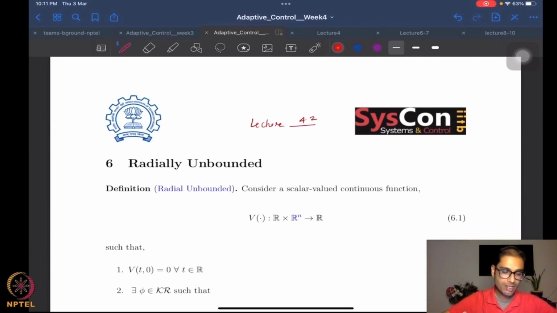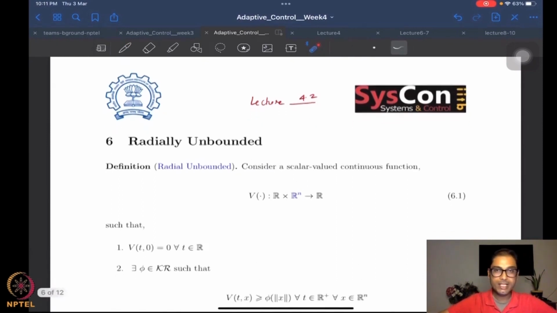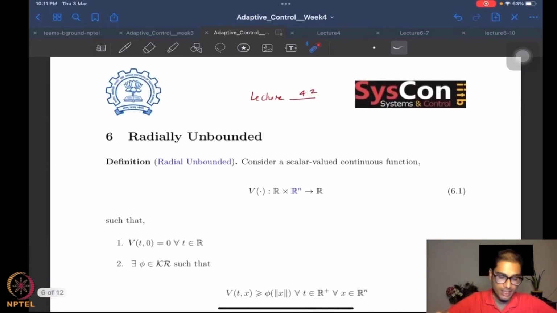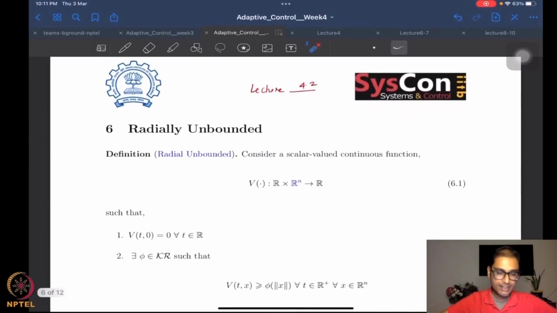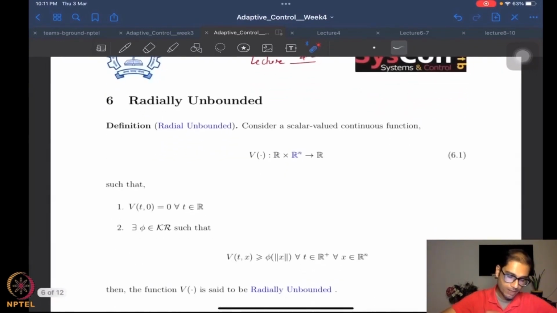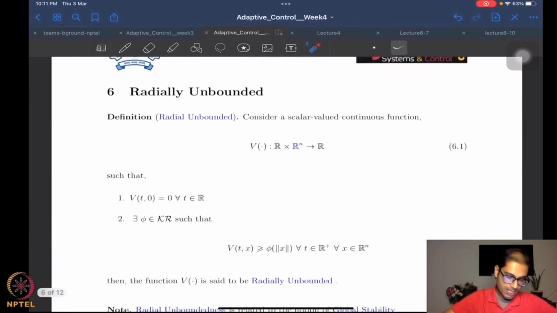4.2 here, right? So we are starting to talk about radially unbounded functions. Radially unbounded functions are the next level of functions. As you can see, you have a scalar valued continuous function again.